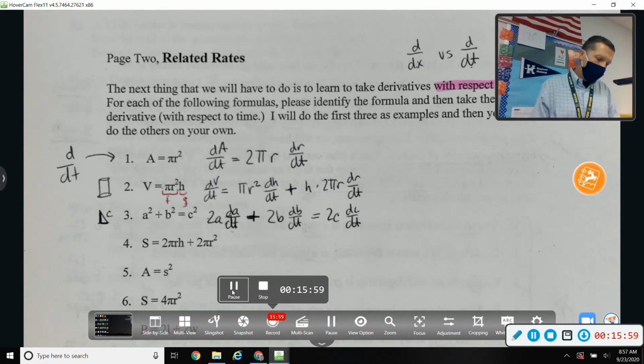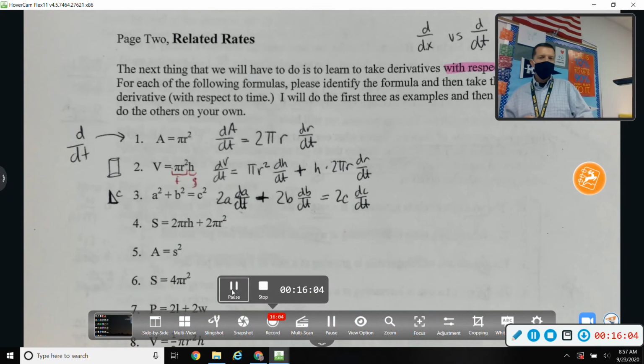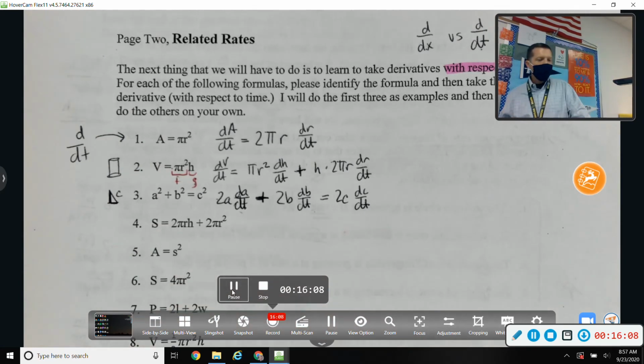Let me do number 4, and then I'll turn you loose to try some of these on your own. Will anybody recognize what that formula is for?